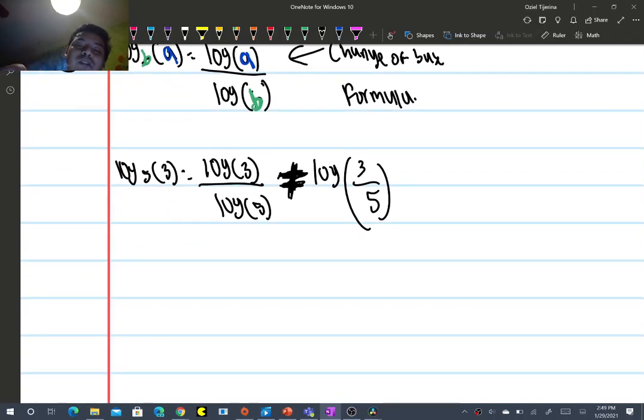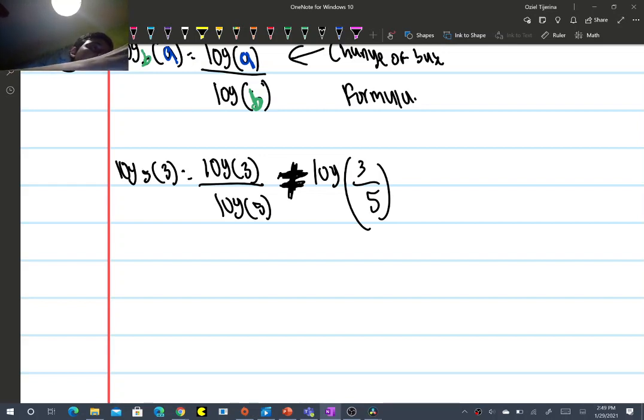With log of 3/5, you're taking the log of the whole fraction, and with log of 3 over log of 5, you're evaluating log of 3, which is a decimal, and log of 5, which is another decimal. And I can prove this mathematically. I can actually show you guys that it is not the same thing.